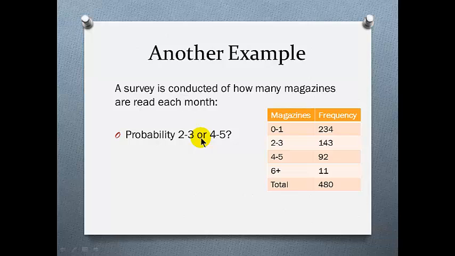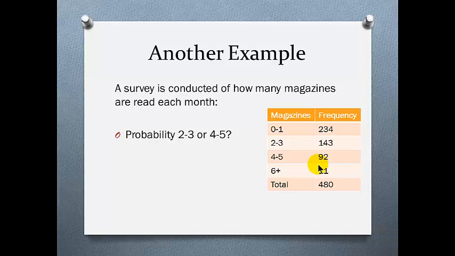That "or" keyword tells us that we need to add the probabilities and subtract the overlap. So for 2 to 3, we got 143 there, and 92 in the next category. We're going to add those together, and then normally we have to subtract the overlap. But what's the overlap?